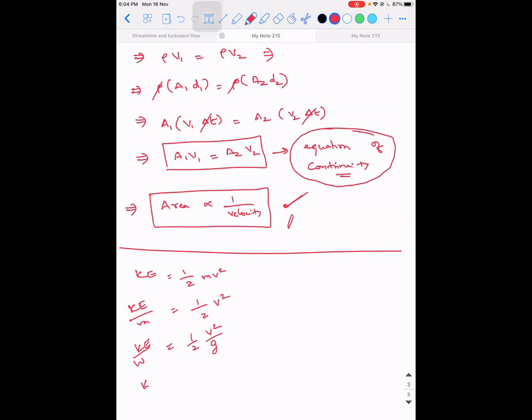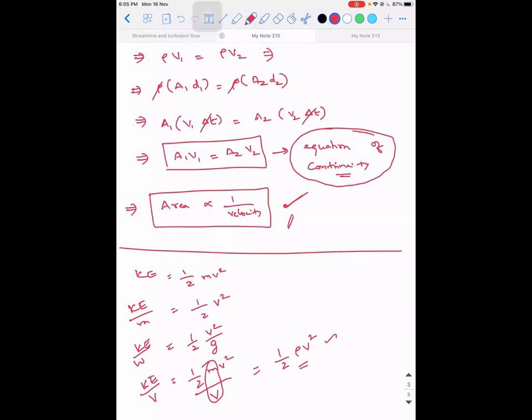If I define kinetic energy per unit volume, it will be half mv square divided by V. Mass by volume is density, so you can define half rho v square. This half rho v square is called the kinetic energy per unit volume.